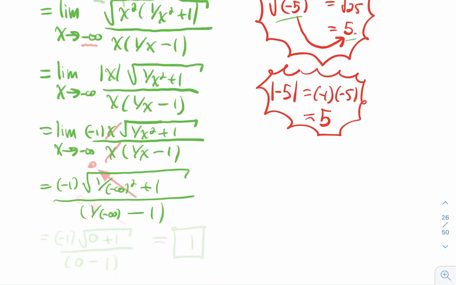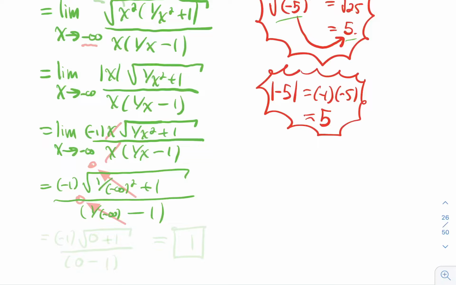Same thing for that one. That fraction also is going to go to 0. And now you're going to get the square root of 0 plus 1, which is 1, times minus 1.